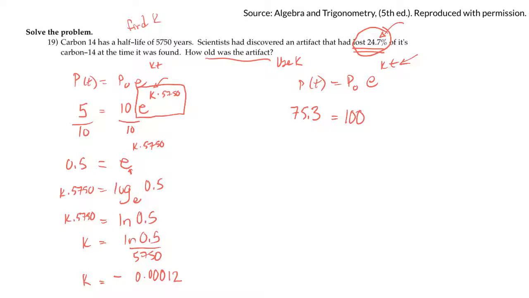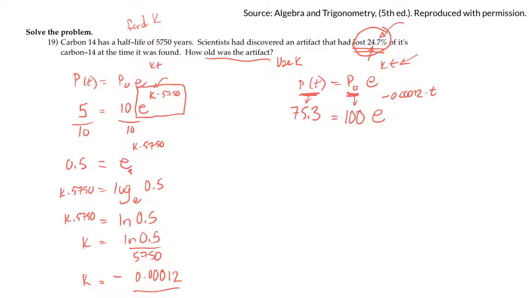So this is the start, and this is the finish. If you start with 100% and lose that much, you wind up at 75.3. Okay, times e to the k, which I just found was negative 0.00012, times t.